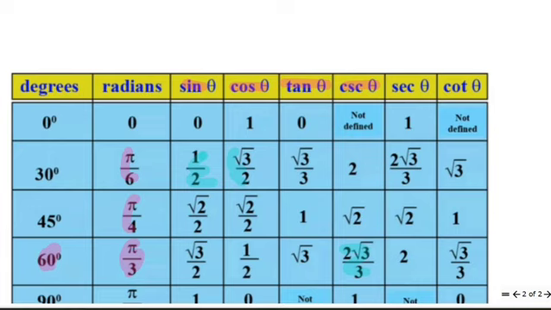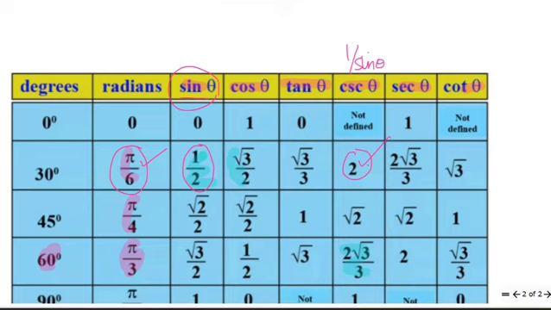The remaining things we can find out easily, because cosecant is nothing but 1 over sine. Whatever we get for sine theta with respect to pi over 6 can be flipped over here. For example, sine of pi over 6 is 1 over 2, and the reciprocal of 1 over 2 is 2.